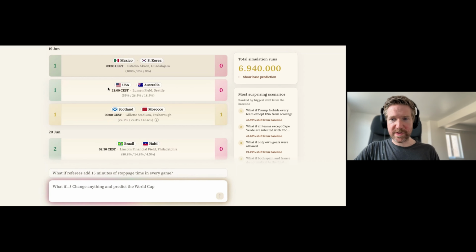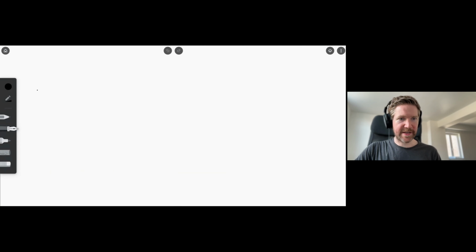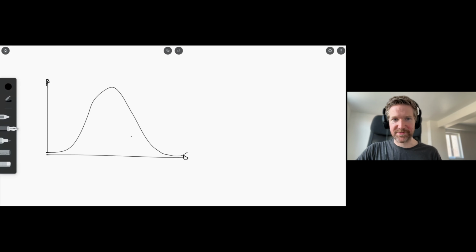Now, once we want to go from these individual games to entire tournaments, it becomes a little bit more complicated, and I'll try to explain it here. So while our normal games can still be modeled by a probability distribution, for example, the strength of teams can usually be described with a normal curve, a bell curve, a Gauss distribution.